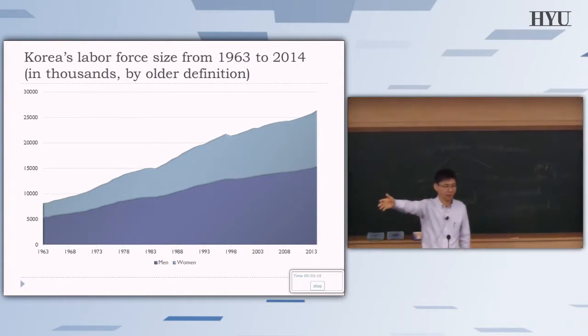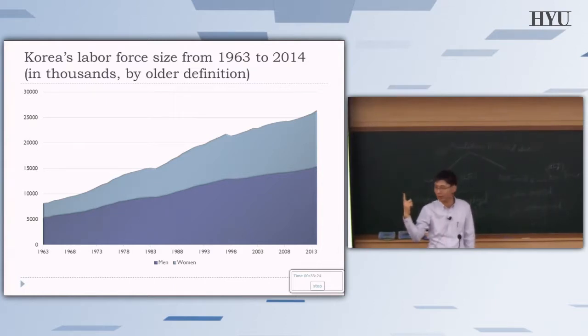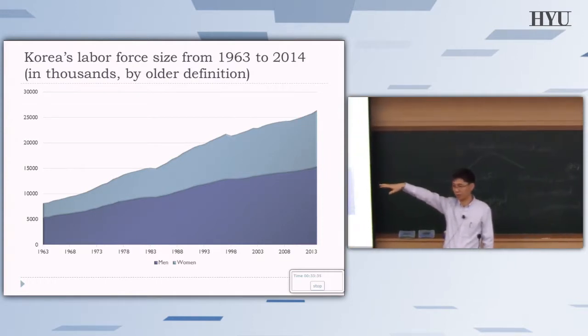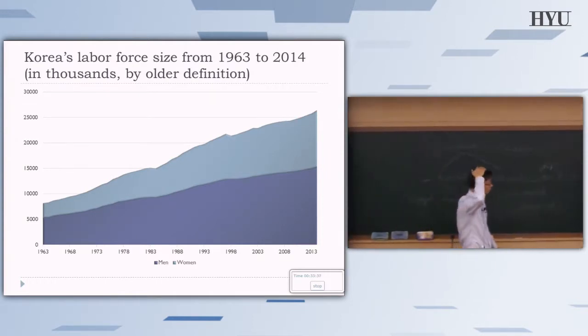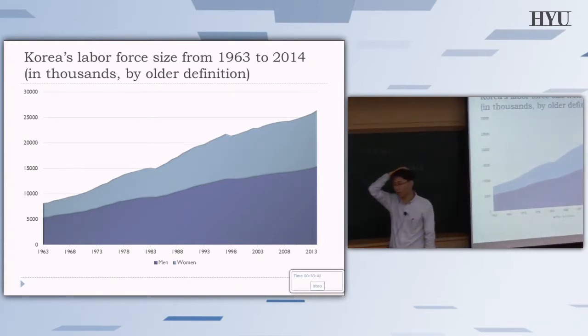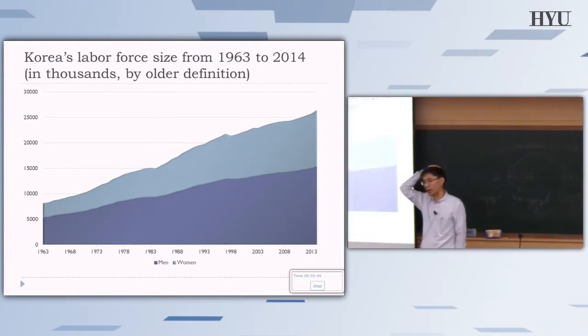Even if the LFPR is the same, if population size has increased, then the number of people in the labor force will increase. And the other factor must be the LFPR, right? Even if the population size stays the same, if LFPR increases, then labor force size itself will increase. So two things can explain why the labor force size has increased: P and LFPR.